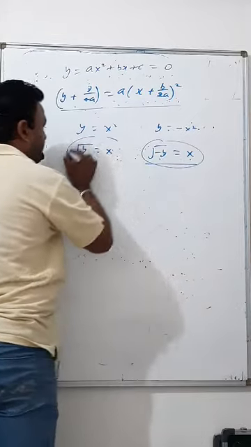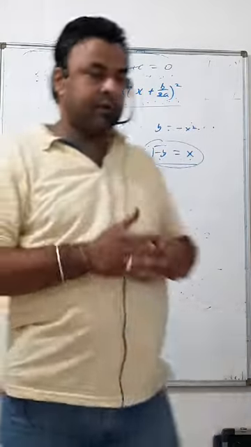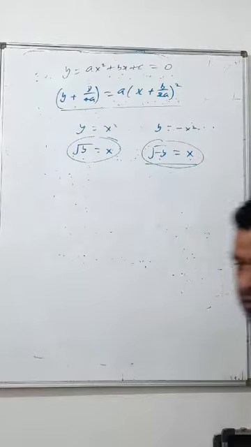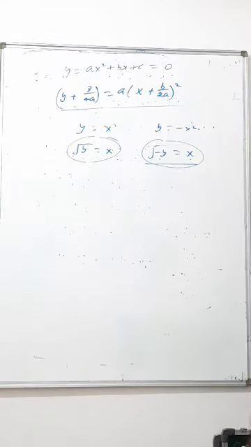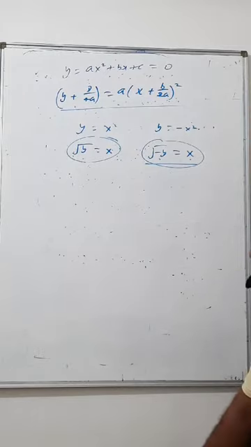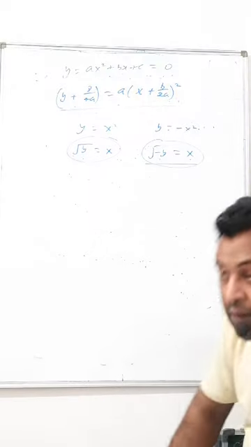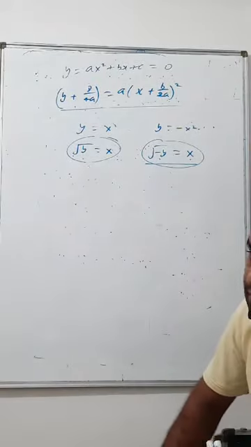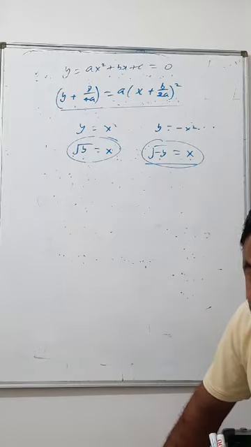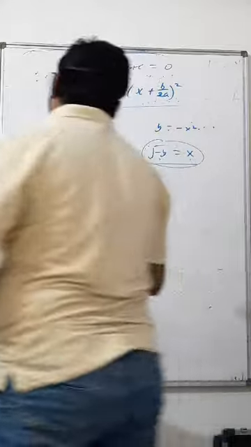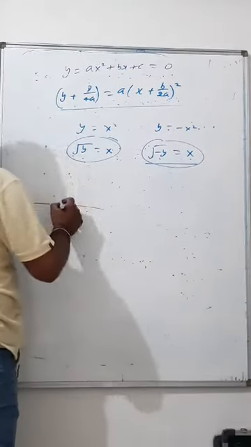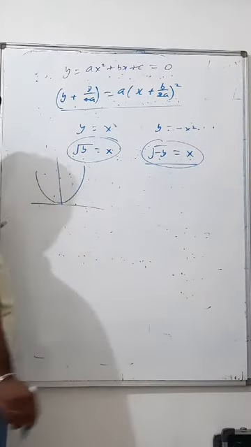From this simple analysis, I can decide the shape of the parabola. From the first equation, y equals x square, x equals root of y. Now, root can be taken only of positive numbers, so y must remain always positive. That means this parabola should be upwards.